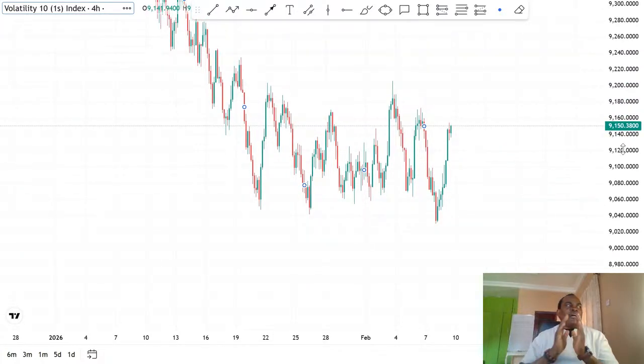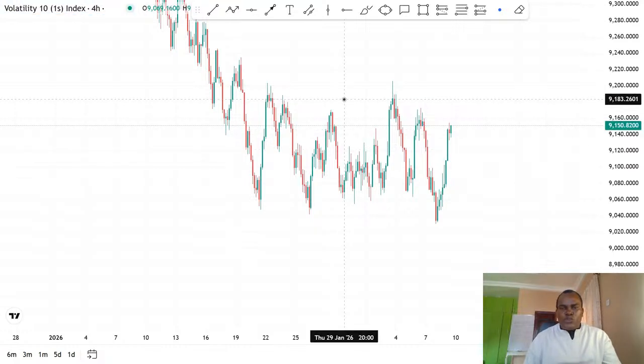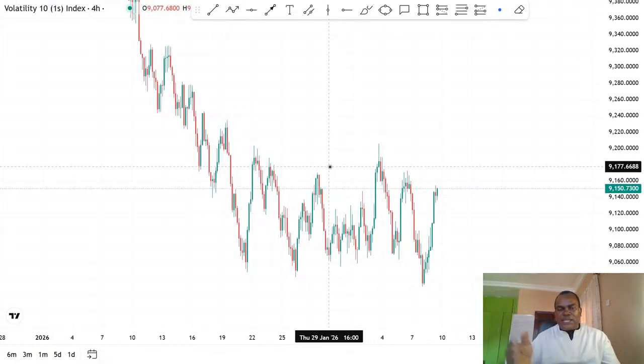By the way, higher time frames begin from 4 hours and above. Of course, 1 hour is higher than 30 minutes, but generally we look at a higher time frame from 4 hours, daily, weekly, and all of that. So I want to see what 4 hours looks like. If I don't get what I want here, then I'll go to a much higher time frame.